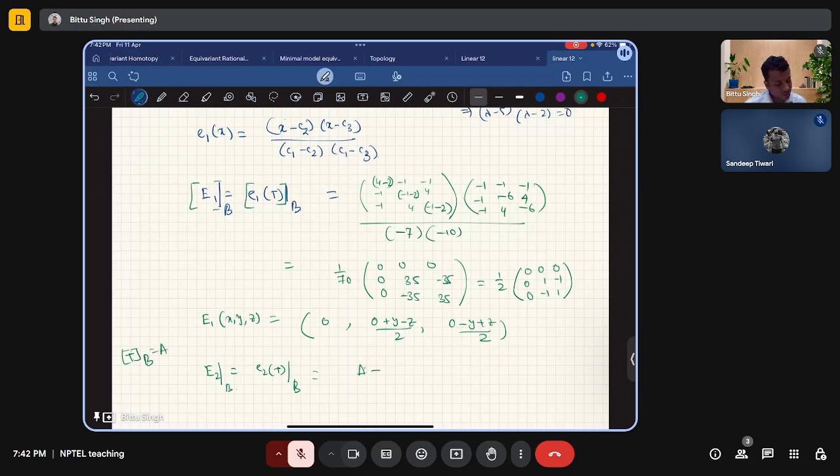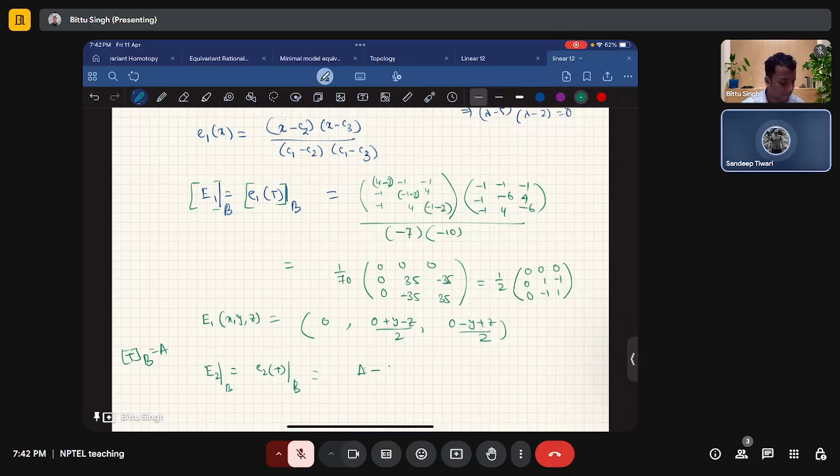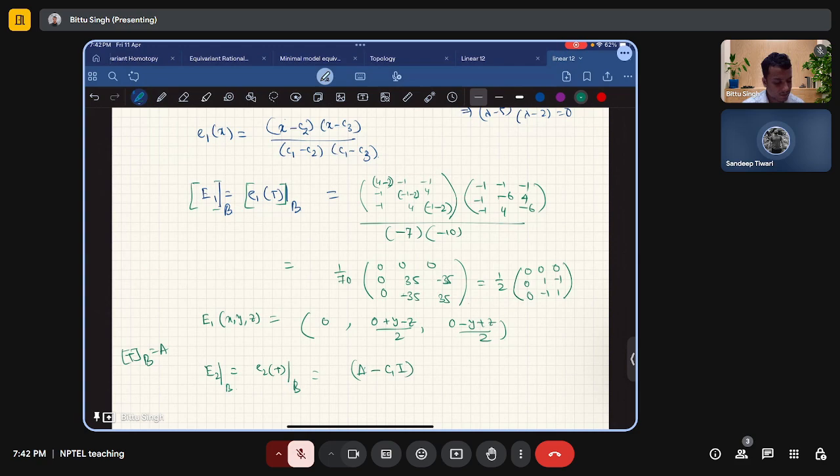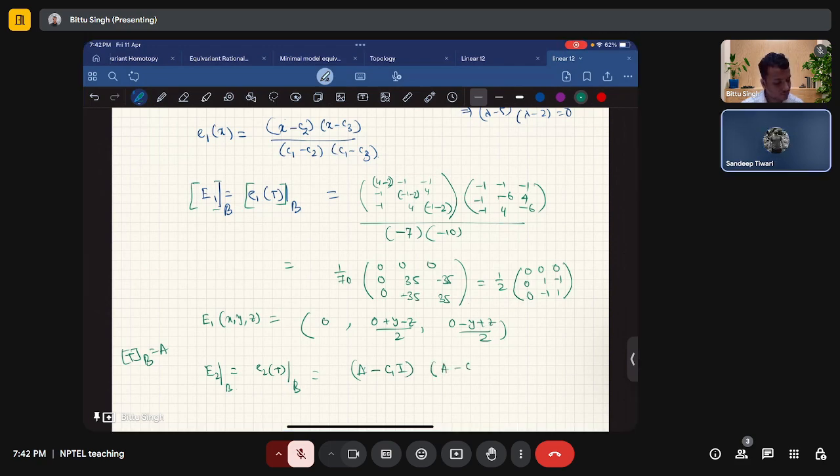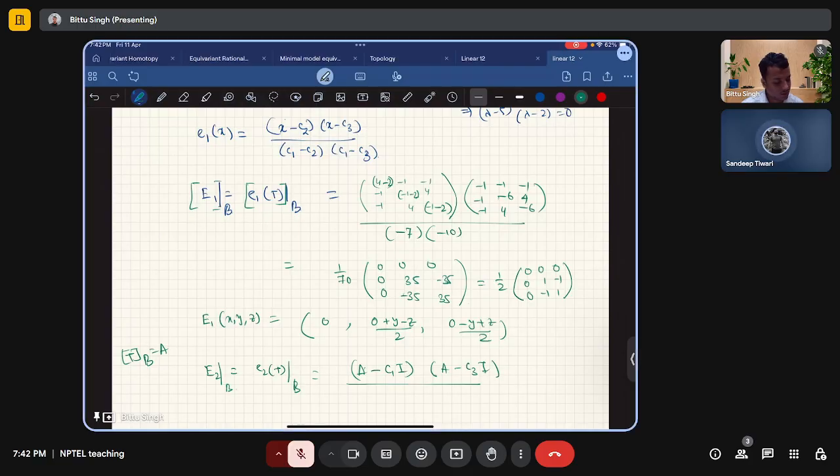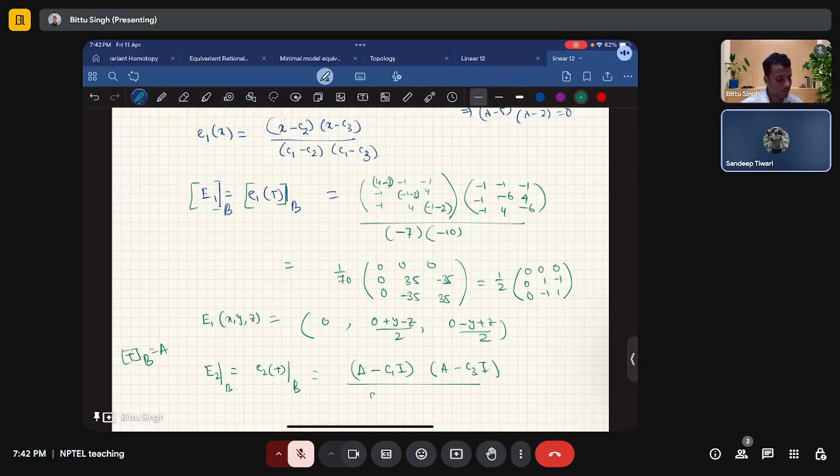So this is A minus C1 I, A minus C3 I, divided by C2 minus C1, C2 minus C3.